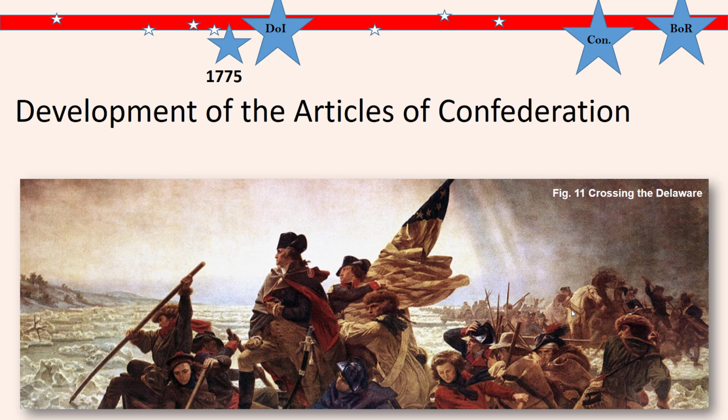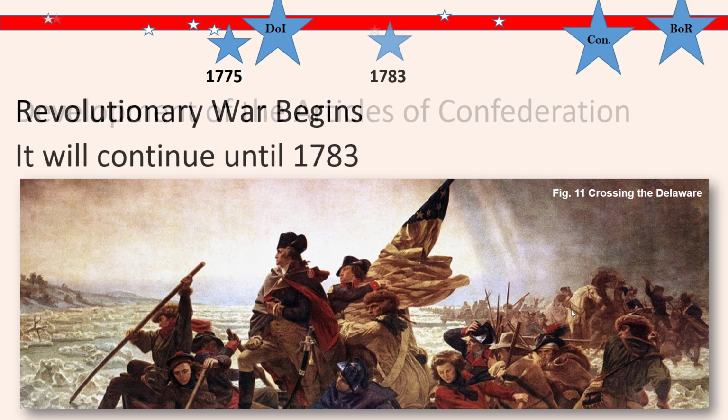But this is the first document that laid the foundation for the unity of the colonies. Not just separate colonies, but ones that work in collaboration with one another. The war would last until 1783.